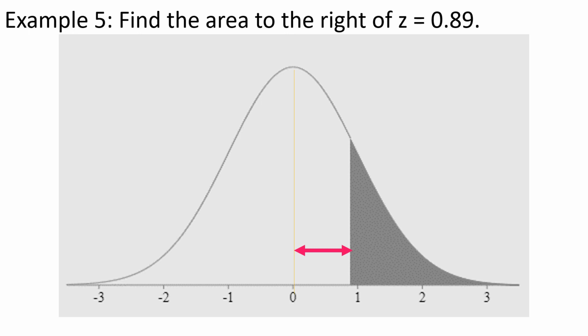And then since the area of this half of the normal curve is 0.5, we will just be subtracting the area of this part from 0.5 to get the area of the shaded region.